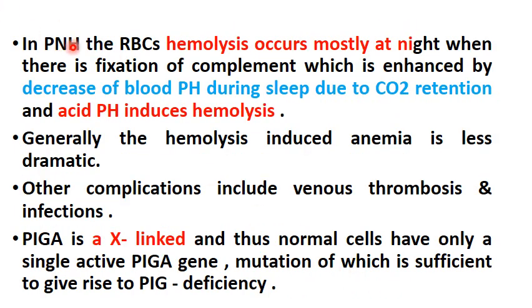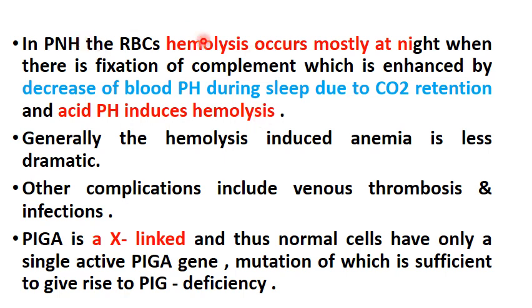In PNH, paroxysmal nocturnal hemoglobinuria, the red blood cell hemolysis takes place mostly at night, when the fixation of complement is enhanced as the blood pH decreases during sleep. Why? Because of CO2 retention and acid pH-induced hemolysis.